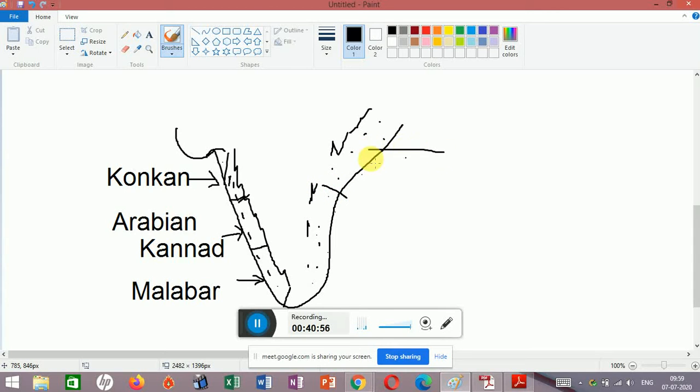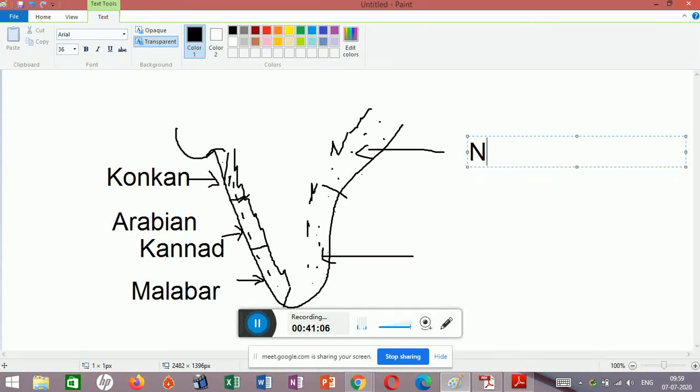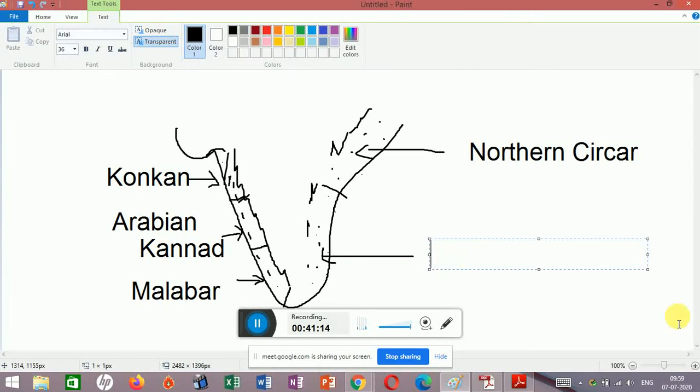This is known as Northern Sarkar, and this is known as Coromandel Coast. So we have 2 sections only in the eastern coast, Northern Sarkar and Coromandel.